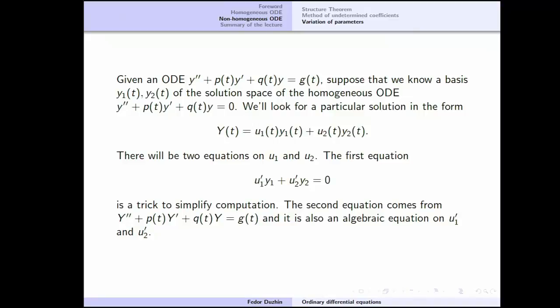And the second equation tells us that, let me write down the second equation. So the second equation is u1 prime times y1 prime plus u2 prime times y2 prime is our right hand side, g of t.